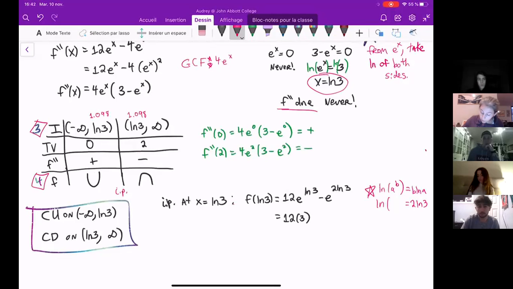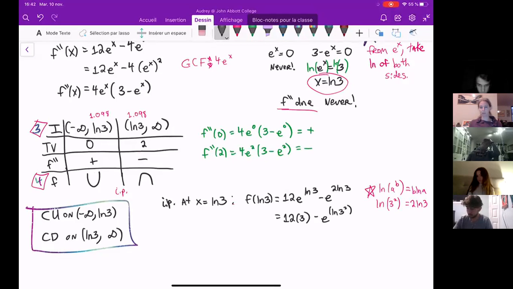You got it. So typically what we've been doing in this class is bringing powers out to the front. But I can actually also bring powers back inside. So I can think of this as minus e to the ln of 3 squared, which is what? If e and ln cancel each other out, then 3 squared. 9, you got it. So this is 36 minus 9, and the answer is 27.